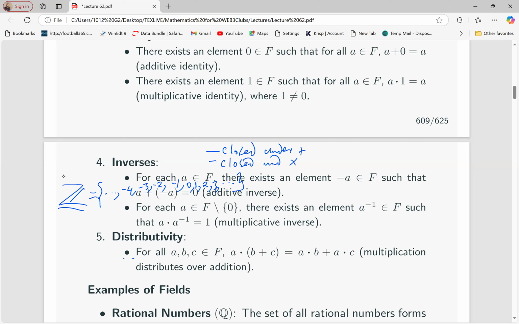Now you can see what we mean by closed under addition. We mean that if you pick any two elements A and B, their sum must be in Z. That is possible here. If I pick 1 plus 2, the answer is 3, which is in Z. So this set is closed under addition. What about closure under multiplication? For instance, 2 times 3 would be 6, and 6 is a member of this set.